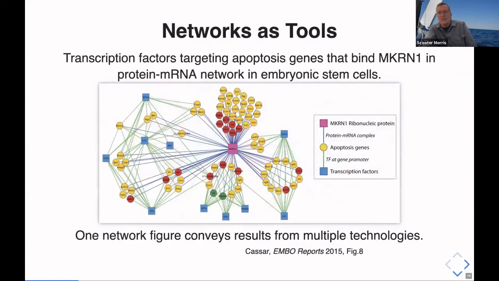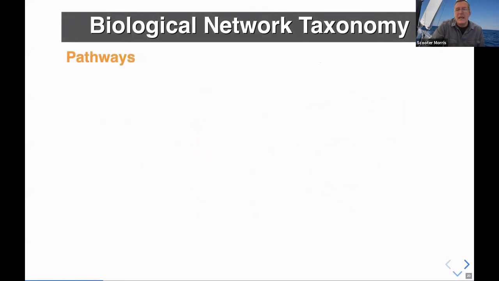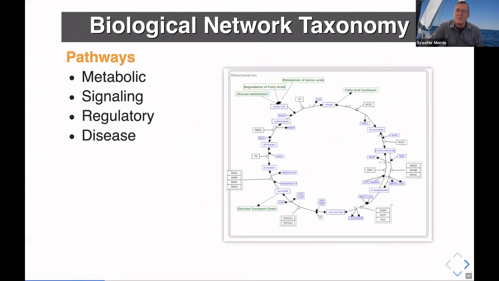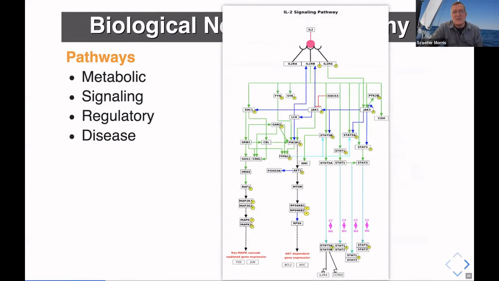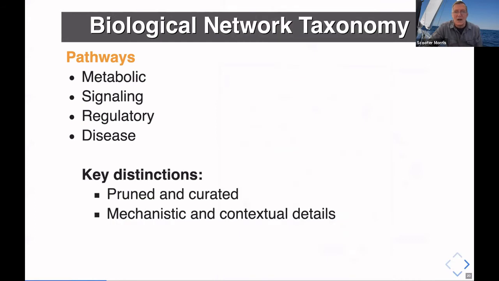So if you think about networks, there are a number of different kinds of networks. Now, you've already heard Tina talk about pathways, metabolic pathways, signaling pathways. The key thing to keep in mind when you're looking at most of these pathways is they're typically pruned and curated.